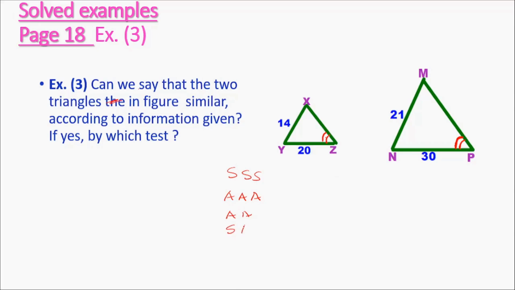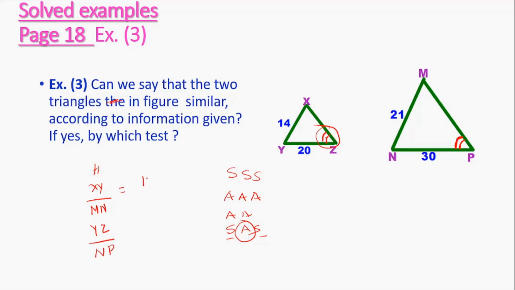The next one is SAS. Two sides and the angle in between the two sides. Now remember, here these two sides are there, but the angle is somewhere outside. It's not between these two sides. So these two figures are not similar, because the angle, though it is congruent, is not between the two sides. Anyway, let's see whether the sides are in proportion. We will take XY to MN and YZ to NP.